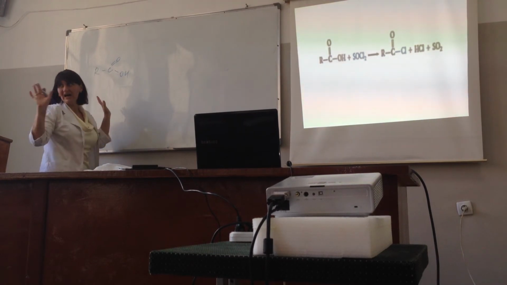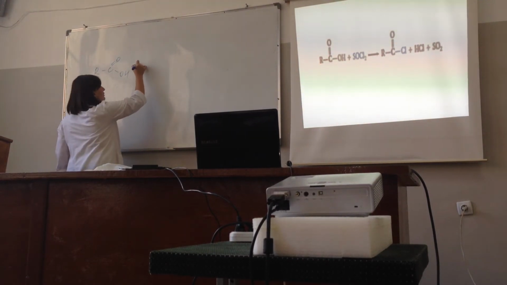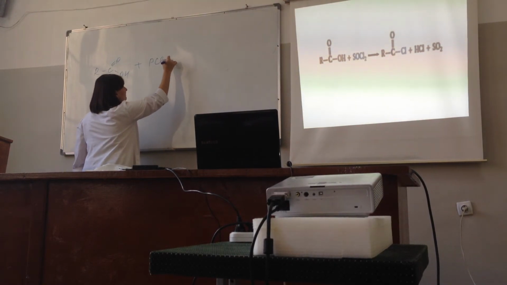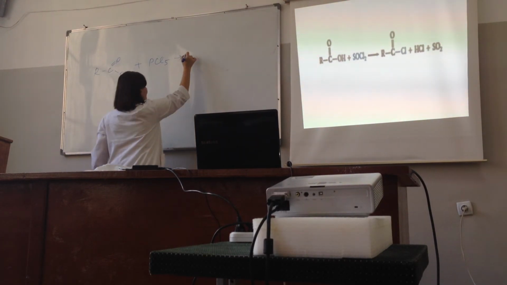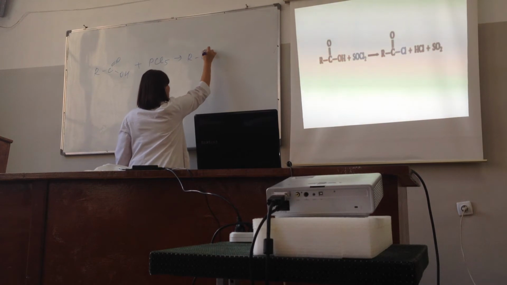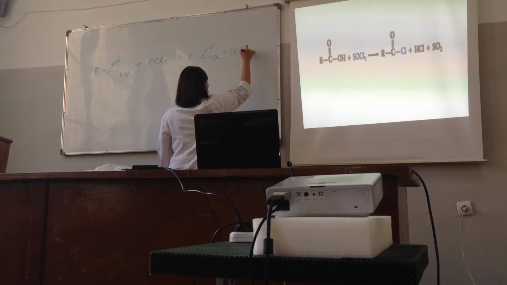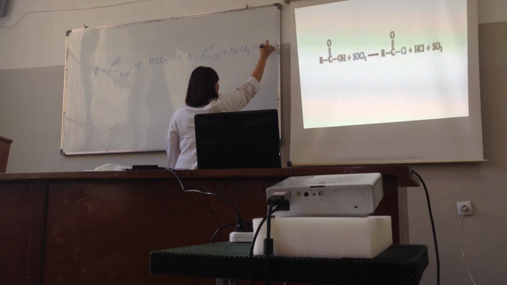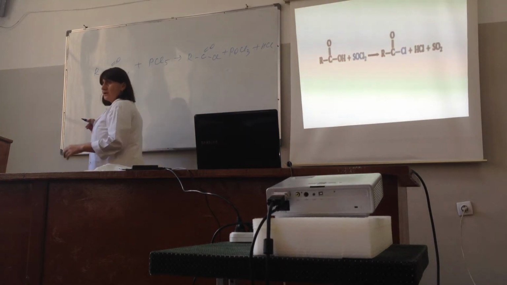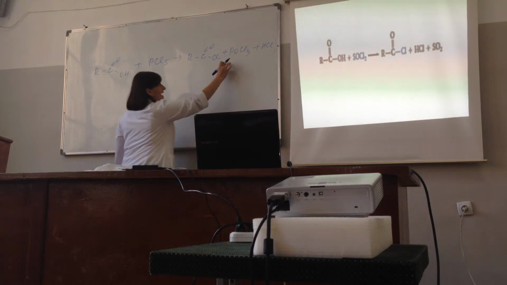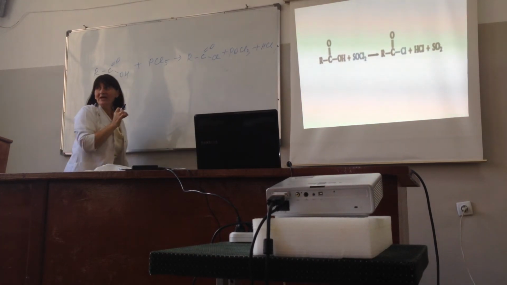You change only R in this case. So now look, plus PCl5. So here you get RCOCl plus POCl3 plus HCl. So in case of PCl5, you get this and this as inorganic products.